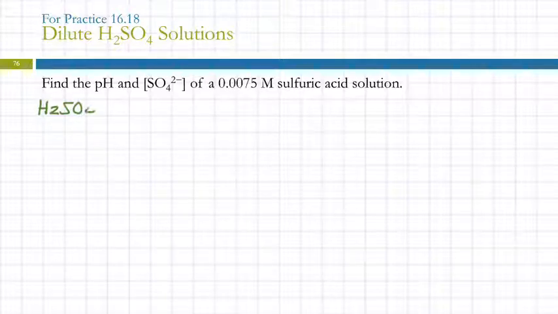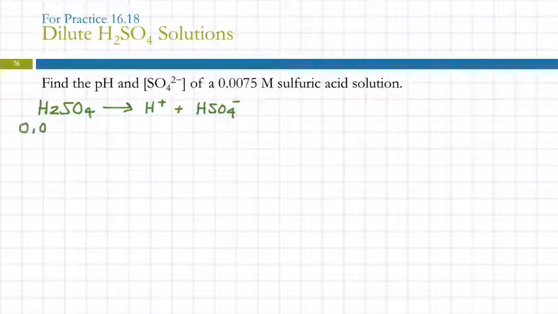So we've got H2SO4, and that's going to completely ionize, forming hydrogen ion and hydrogen sulfate ion. If we're starting off with 0.0075 molar of the sulfuric acid, and this goes to completion, then what do we know about our concentration of hydrogen ion and hydrogen sulfate ion? It's the 0.0075, right? So this is all gone, and now we've got 0.0075 and 0.0075.